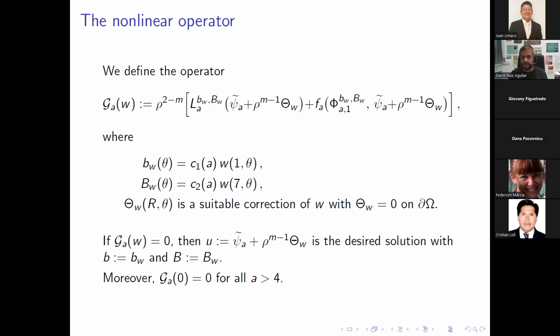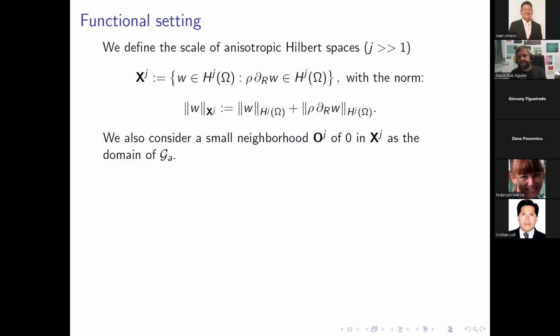Okay, so this is the nonlinear operator. Where is it defined? Well, the functional setting here is a little bit tricky. I'm going to be very quick here. First, the domain of definition is going to be called Xj. Xj is the functions that are in the Sobolev space Hj, such that this function is also in Hj.